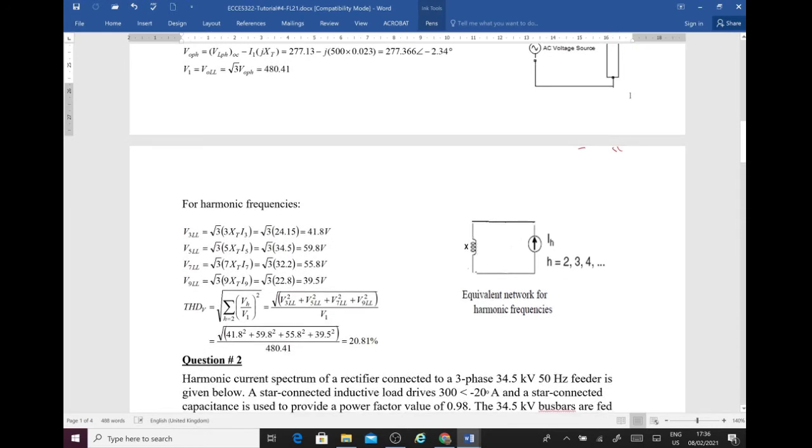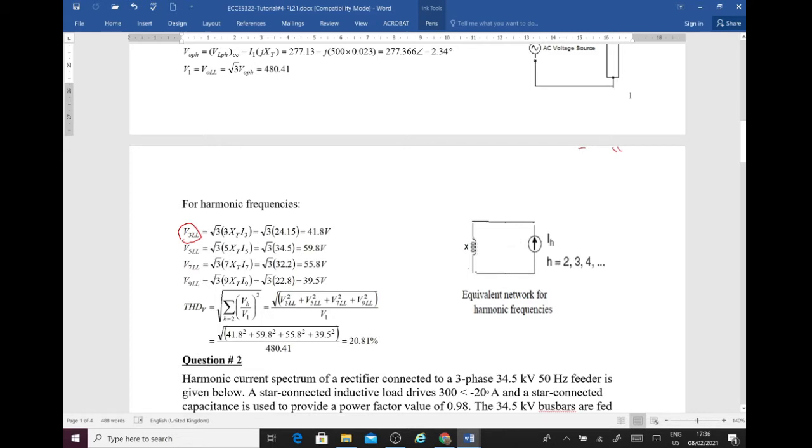So this is the third harmonic voltage: the third harmonic current times the transformer impedance at fundamental times 3, because we are now finding the third one.